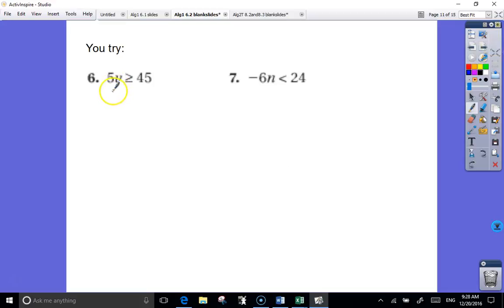Okay, so here, first one, divide by 5. Right? v is greater than or equal to 9. How about the second one? Divide by -6. At that point, this is a greater than. So we got n is greater than -4.